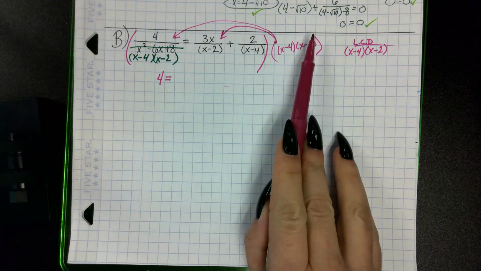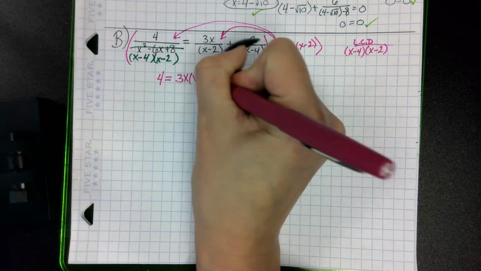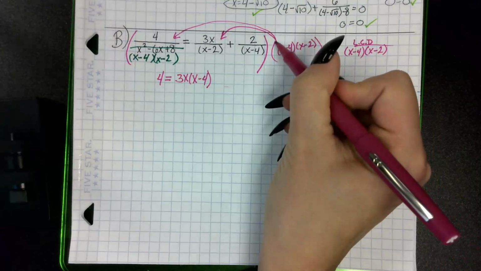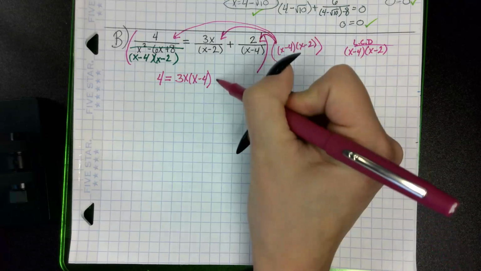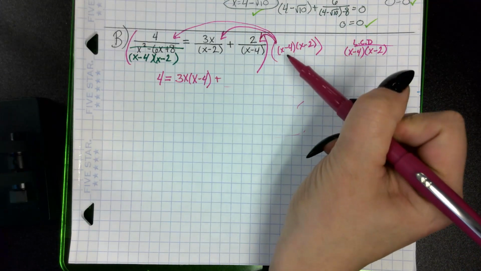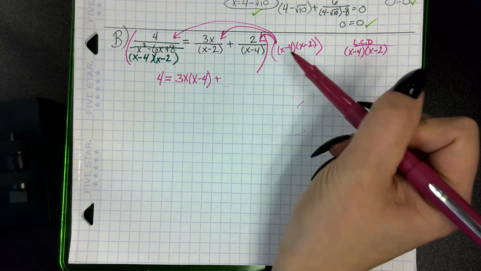So it's 3x times x minus 4. And then I do it to the last one. Plus, the x minus 4 in the denominator is going to cancel the x minus 4 in the LCD. So I have 2 times x minus 2.